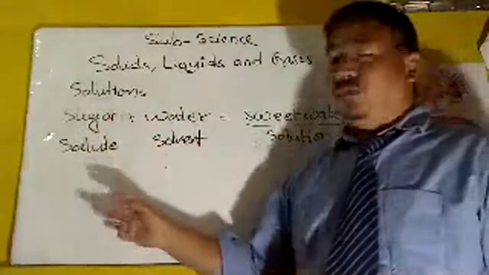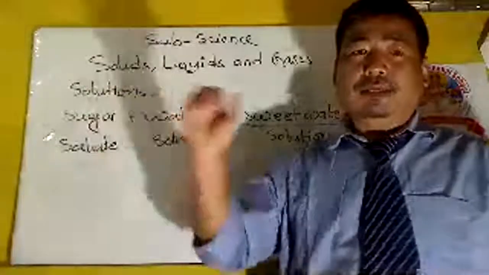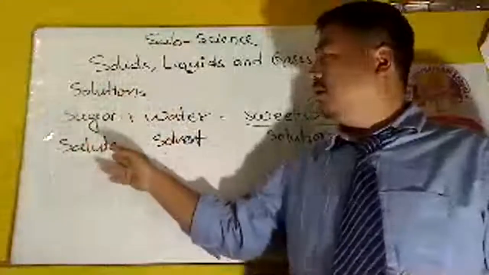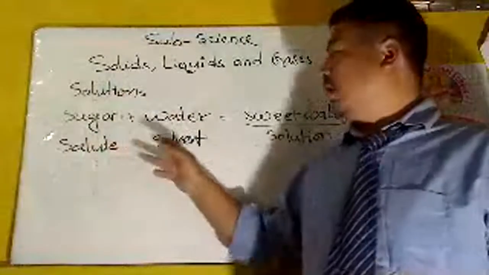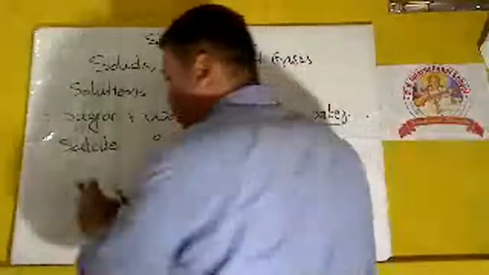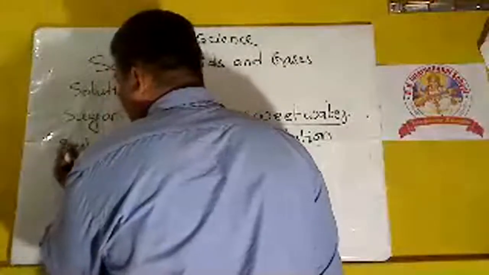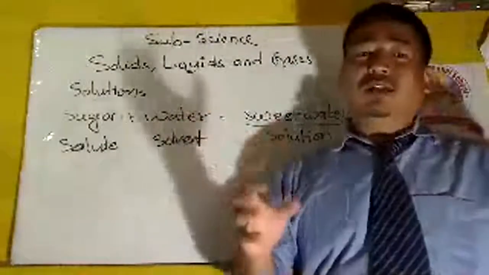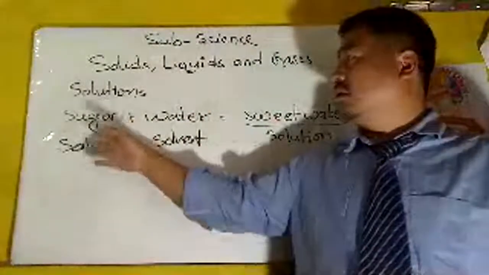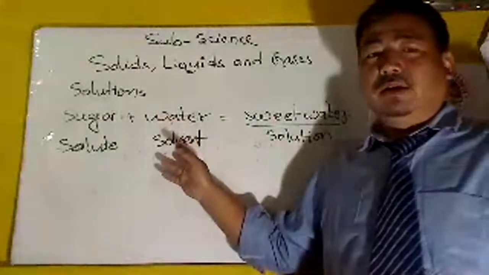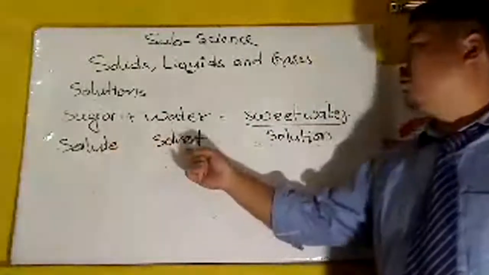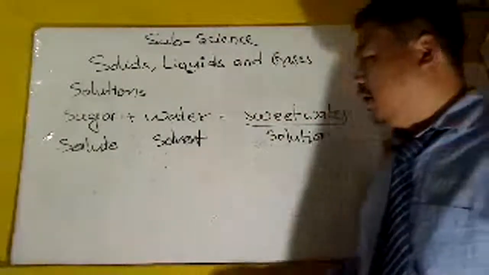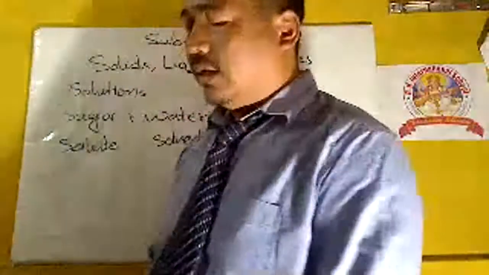The thing which we mix is called the solute, and the thing in which we mix that solute is called the solvent. And when solute and solvent are mixed, then we get a solution.